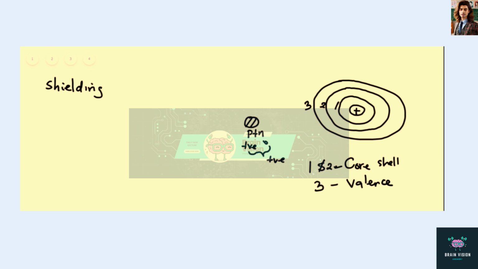So the core shell are the inner shells, and the valence shell is the last shell. The core shell shields the electron in the valence shell. When we talk about shielding, it's shielding the effective nuclear charge, which is positive, from being experienced by the electron in the third shell. Likewise, the electrons in the first shell are shielding the electrons in the second shell.